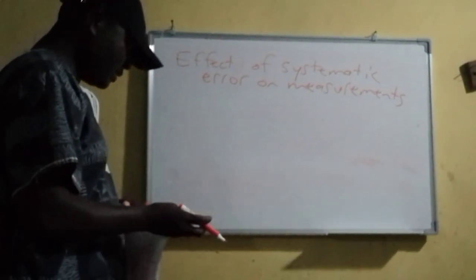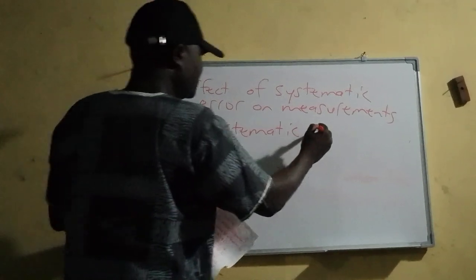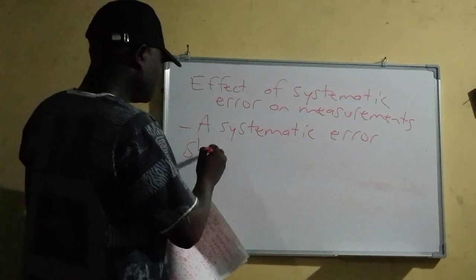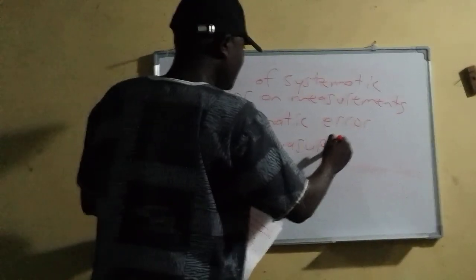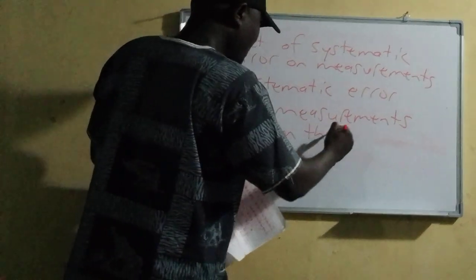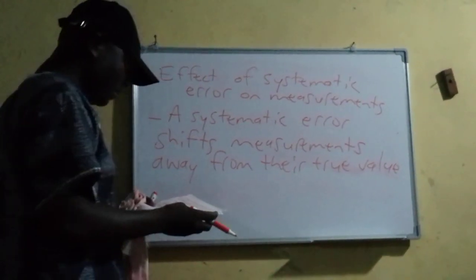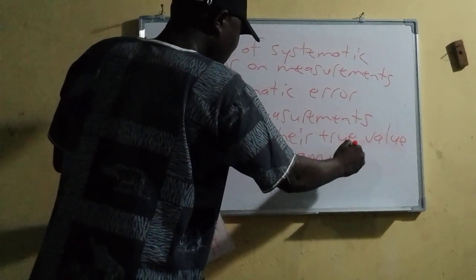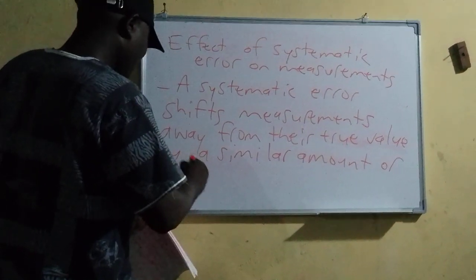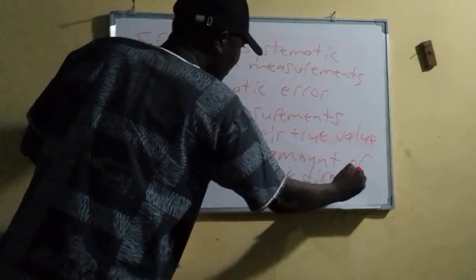A systematic error shifts measurements away from their true value by a similar amount of fraction and in one direction.